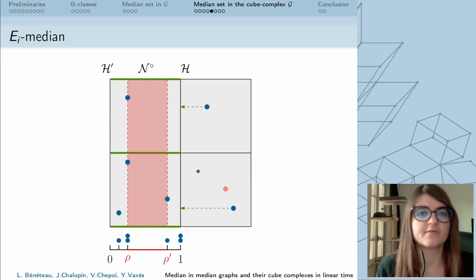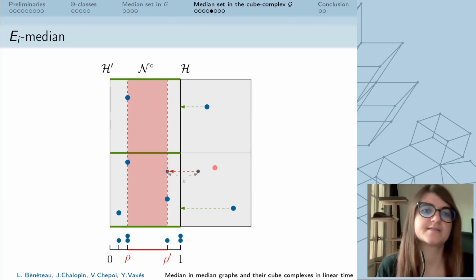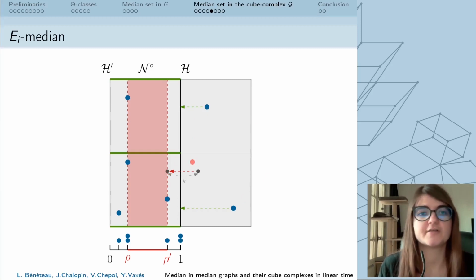To see it, we assume that this point is in the median set, and then we take its gate on the red area. Then its gate will be k steps closer to 4 vertices and k steps further from 2 vertices. Then we will have a smaller median function, and then this vertex cannot be in the median set.